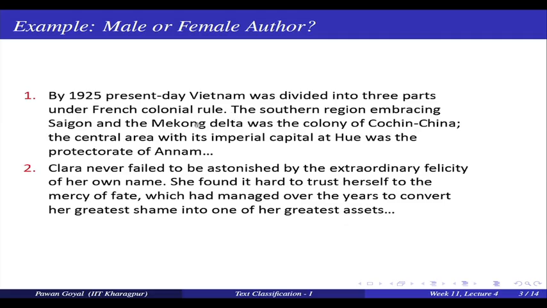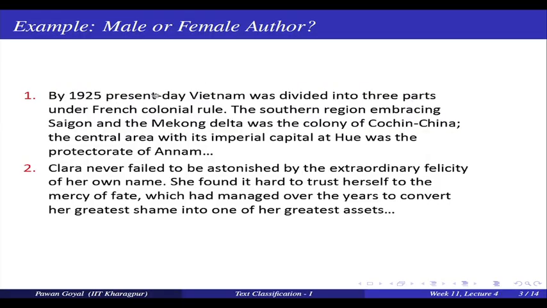Then you can use certain heuristics and some studies that people have done, which say that male authors write about a lot of different facts, while for female authors, opinions will be in the majority.